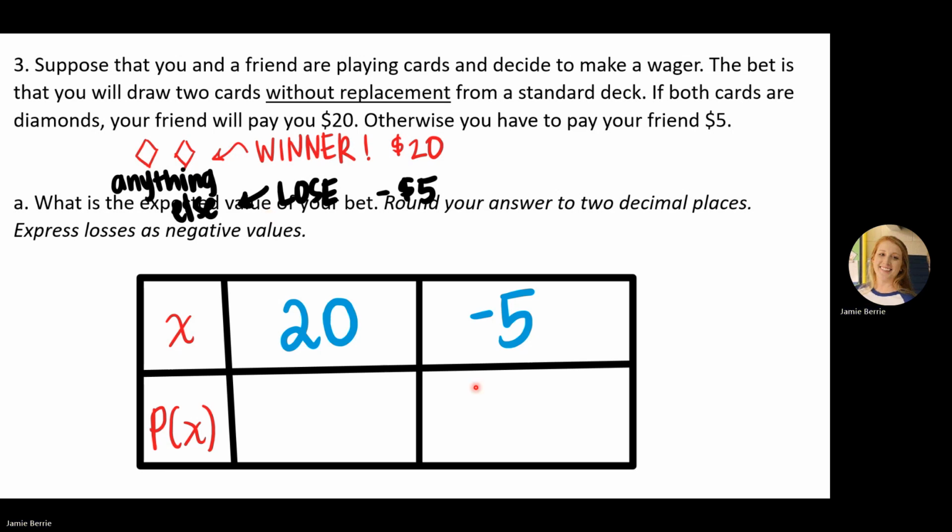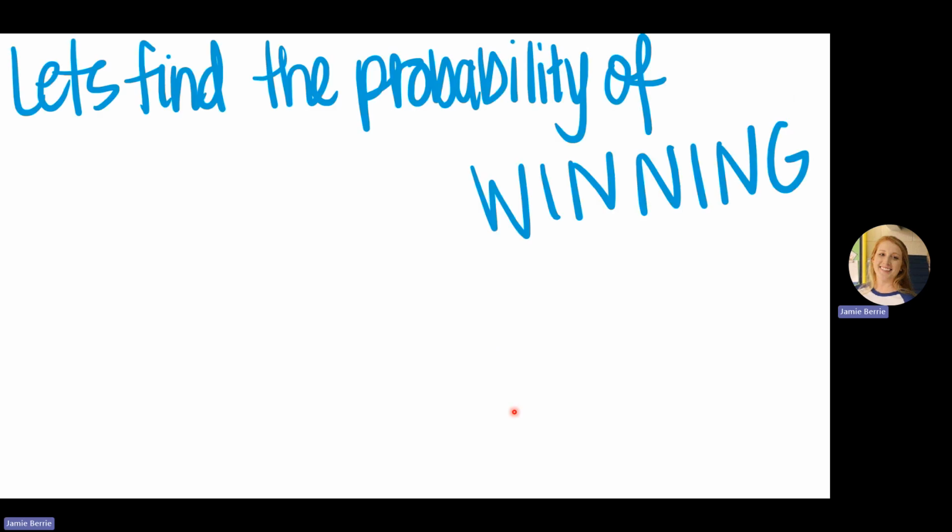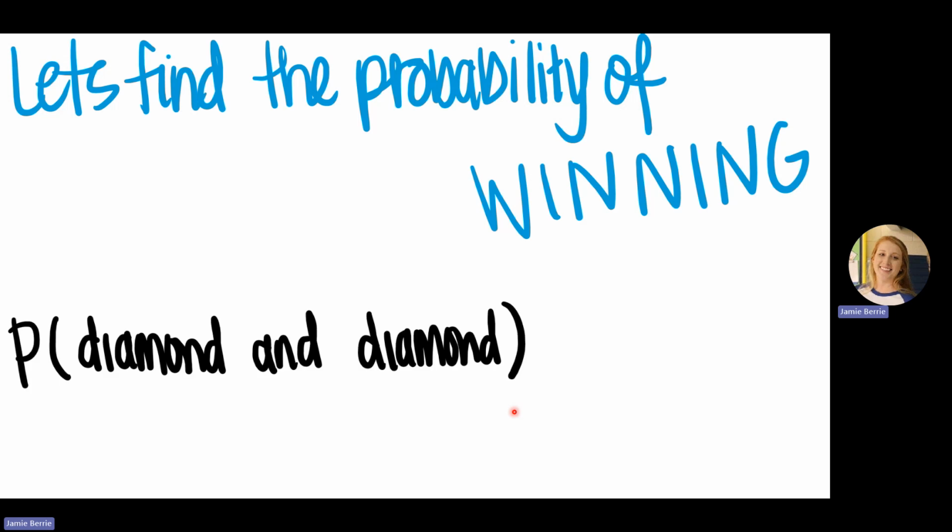So now we just need to find the probabilities. Let's start by finding the probability that we win, and then we'll use the fact that these 2 numbers need to add to 1 to find the other probability. If you win, that means you got a diamond and a diamond. And remember, this is without replacement, so we're going to change the total.